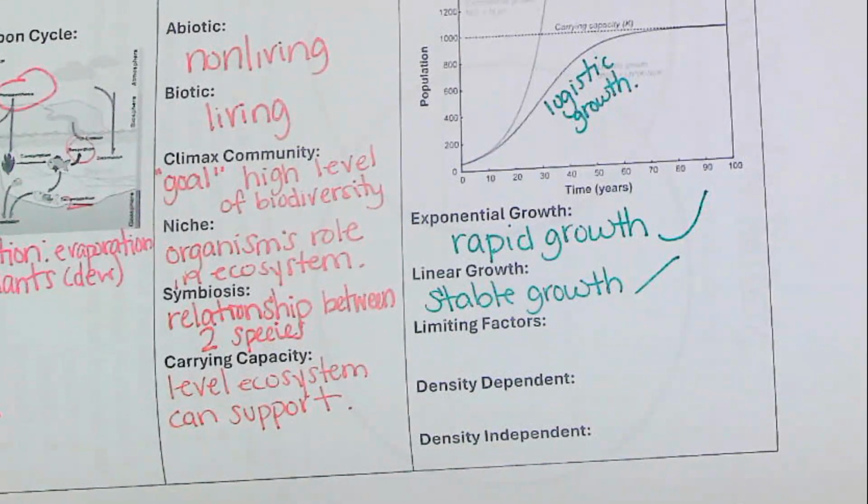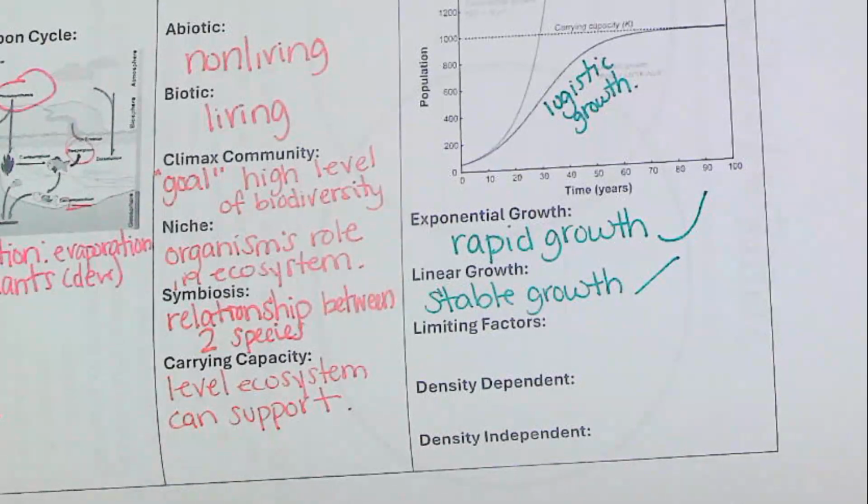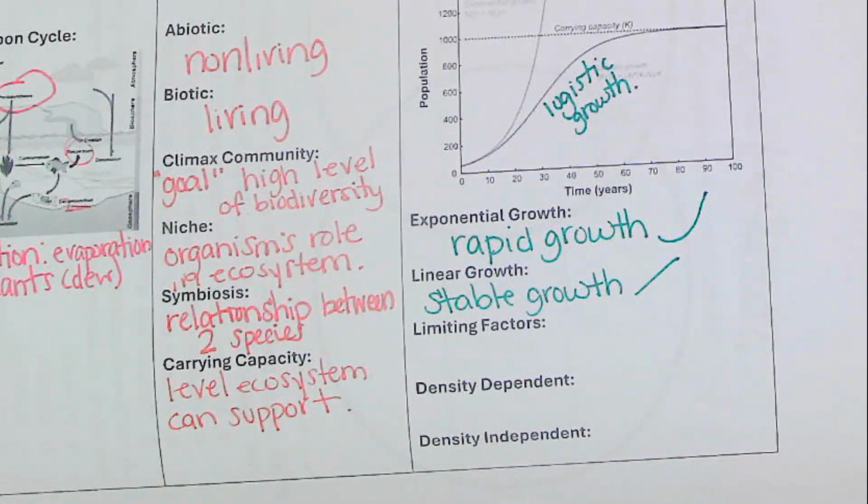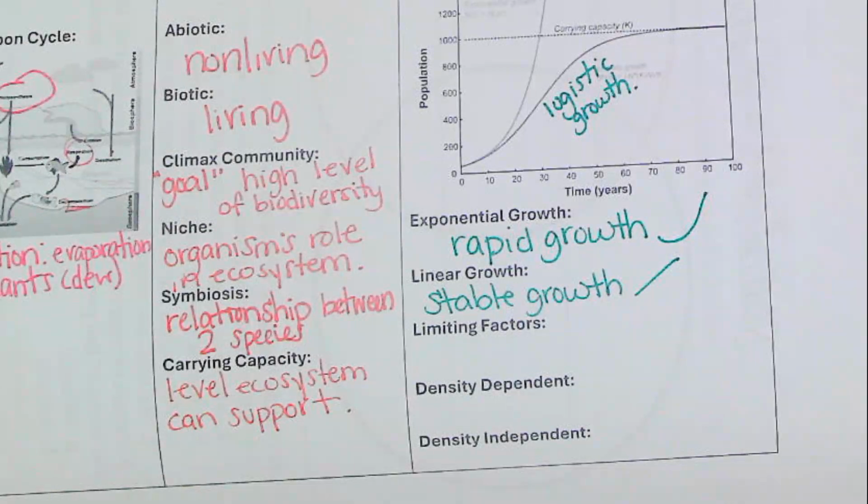What is a limiting factor? What is something limiting in terms of population? And what would limit my size? So in Norfolk, we can't get more. Okay, in the school building, we can't get more kids. Why? Space.